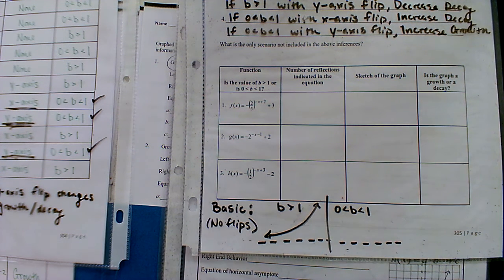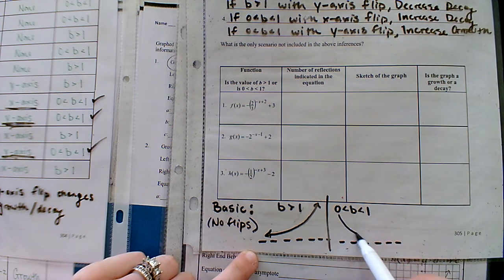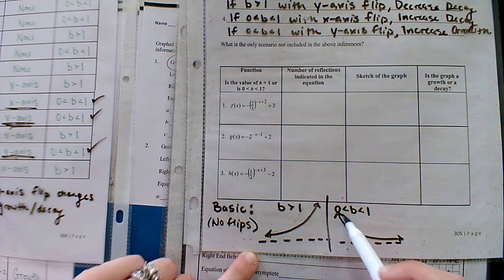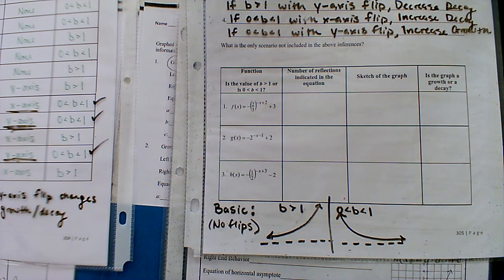So your pencil should be going down, and you should be getting closer to the horizontal asymptote. So these are going to be our basic pictures. We're either going to start with the first one or start with the second one, and somehow we're going to manipulate it with the flips that we identify.